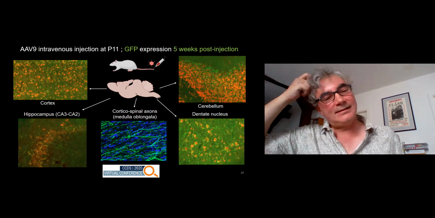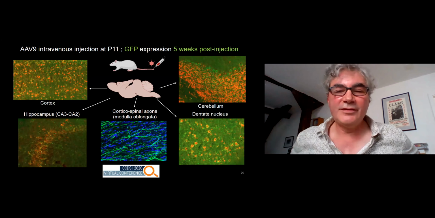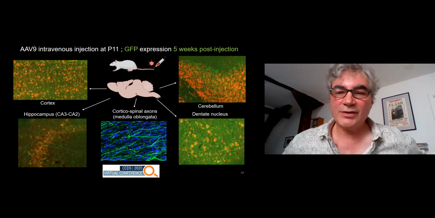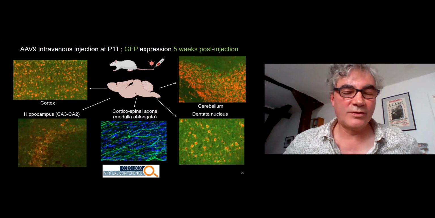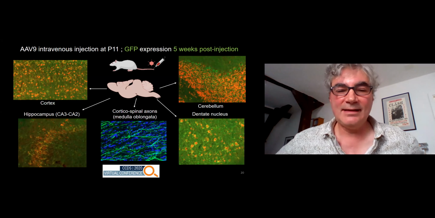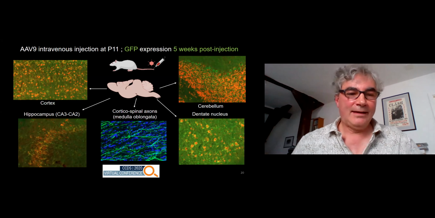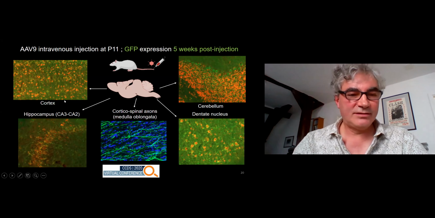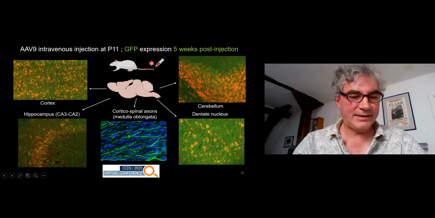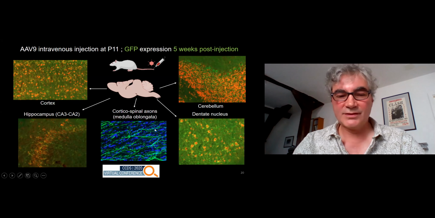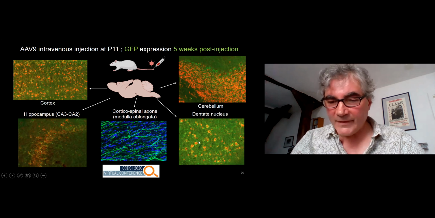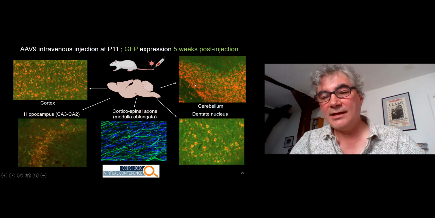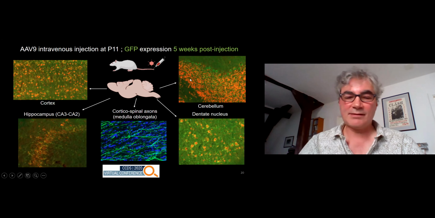This is the expression of the GFP protein 5 weeks post-injection. We injected the young rats at 11 days postnatal. And you see in green the expression of the GFP protein within the cortex, the hippocampus, corticospinal axons, the huge expression of GFP, and neurons of the dentate nucleus, Purkinje cells within the cerebellum.